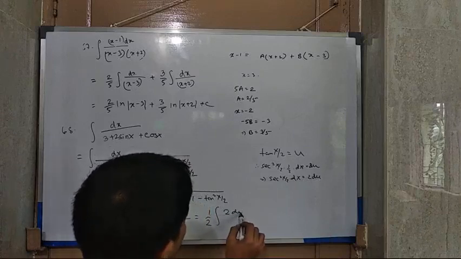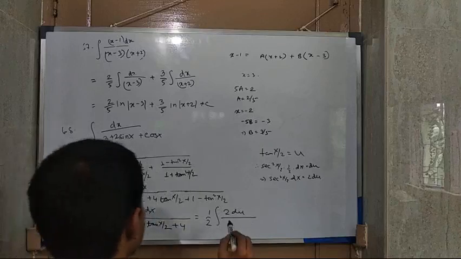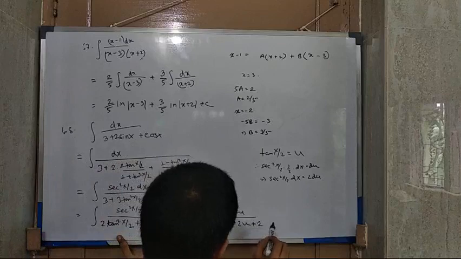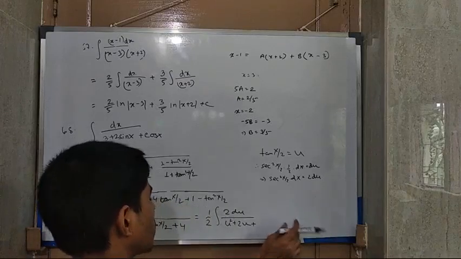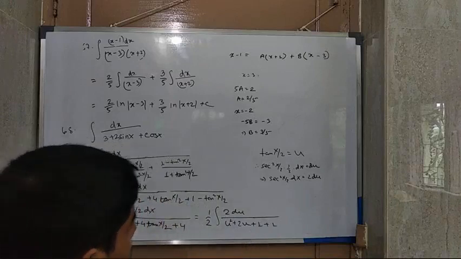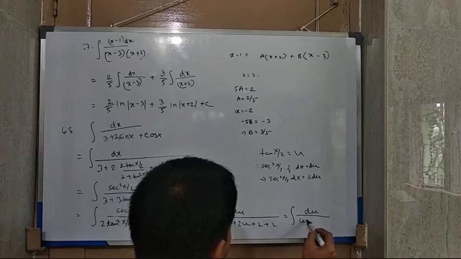So this is 2 du divided by u squared plus 2u plus 2. So let's write this as 1 plus 1. So this is actually integral du by u plus 1 whole square plus 1 square.